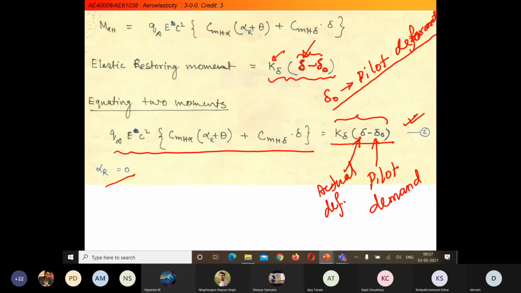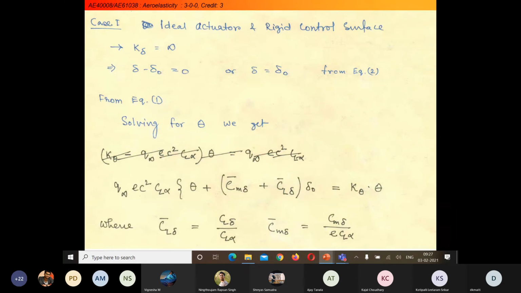Let me now come to this configuration. In this case, we can have two conditions. One I am calling the ideal condition, ideal actuator or rigid control surface, where whatever the pilot demands, the actuator deflects that much. That means K delta is infinitely rigid, or infinitely high.